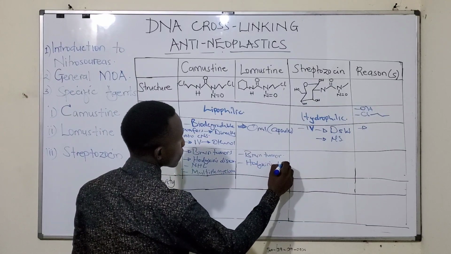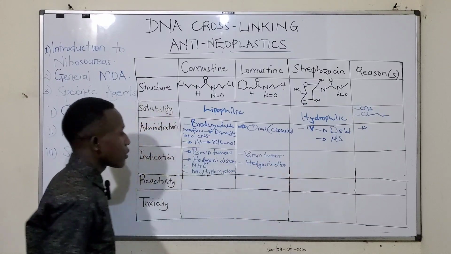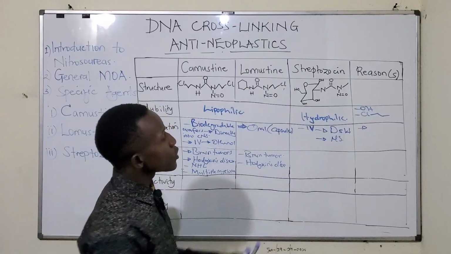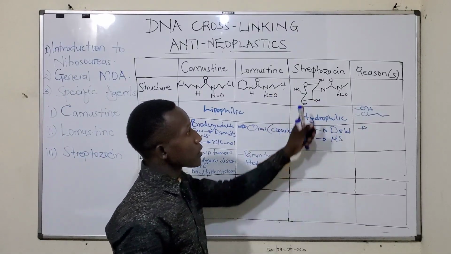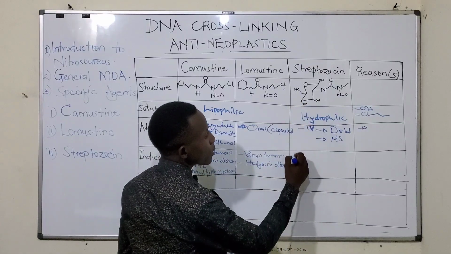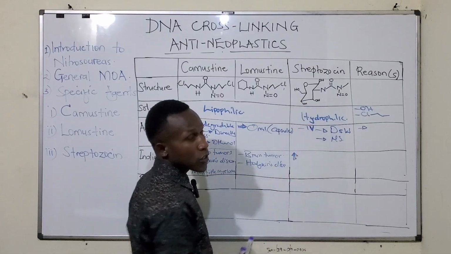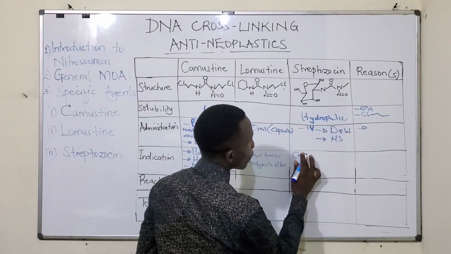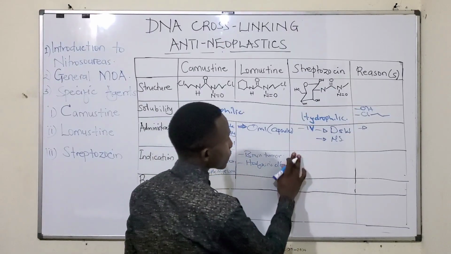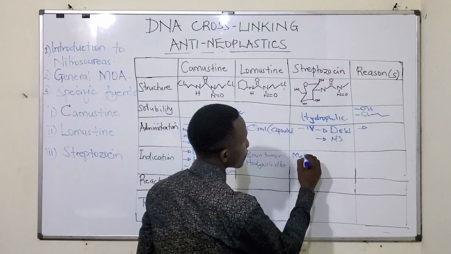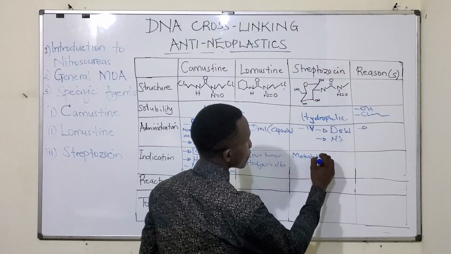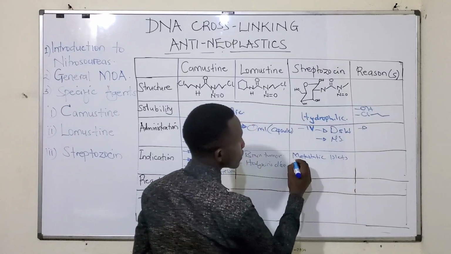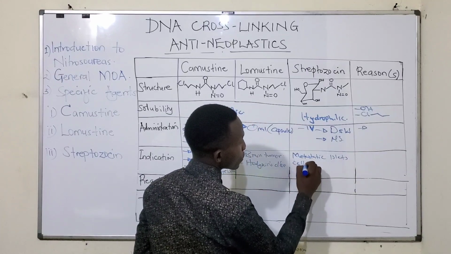For streptozocin, the presence of this structure, this sugar, brings the specificity of this drug to treat carcinoma of the pancreas, which is the metastatic islet cell carcinoma.